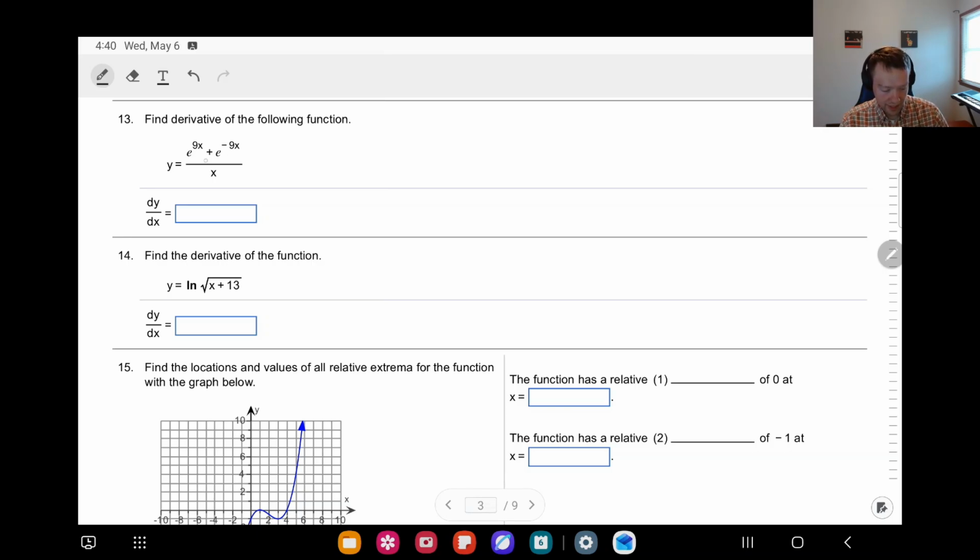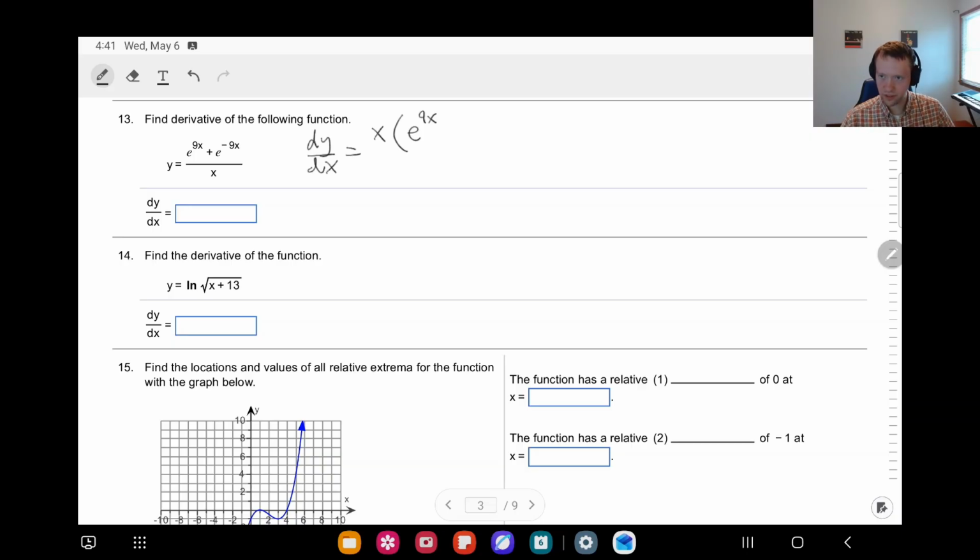Well, the big thing that's happening is the division. So that's going to be our main focus. It's an overall quotient rule. So dy/dx equals, you've got low d high. So what's the derivative of e to the 9x?